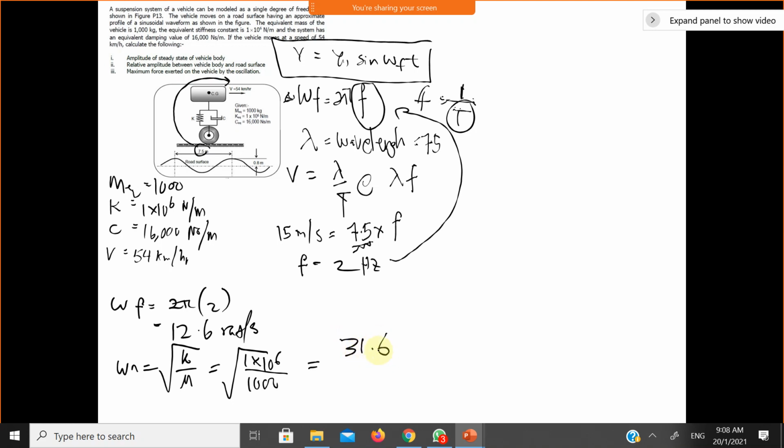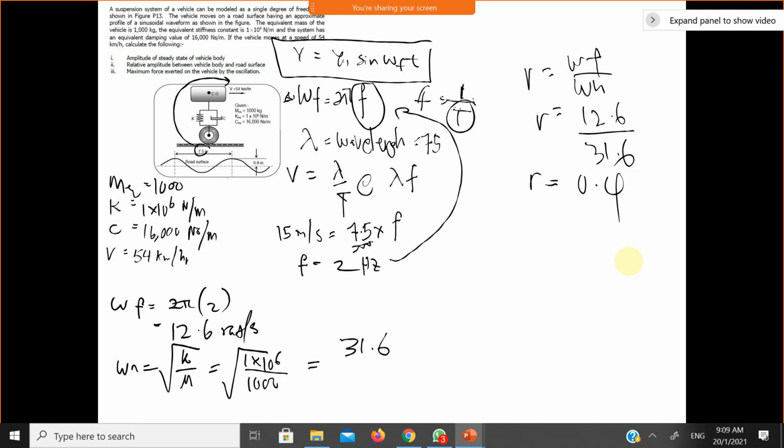So from here we can find what is our R. So omega F over omega N, which is R, is 12.6 over 31.6. So R equals to 0.4, isn't it? 0.4.